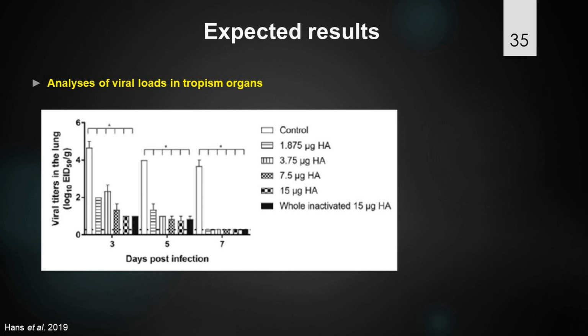Coming back to the bar chart, as you can see, in the control group, the highest lung viral titer was observed at 3 days post-infection and persisted until 7 days post-infection. However, viral titers peaked at 3 days post-infection in all immunized groups and decreased at 5 days post-infection before becoming undetectable at 7 days post-infection.